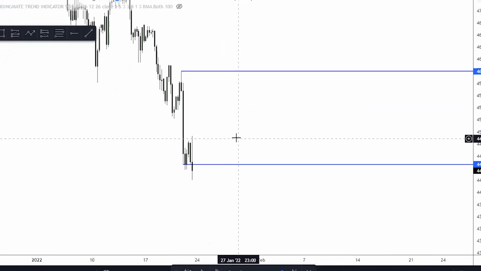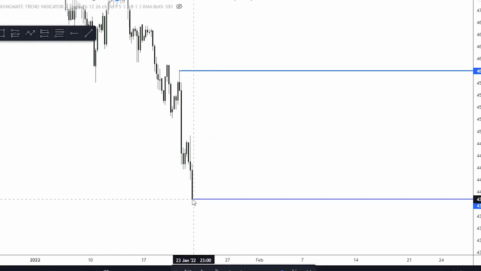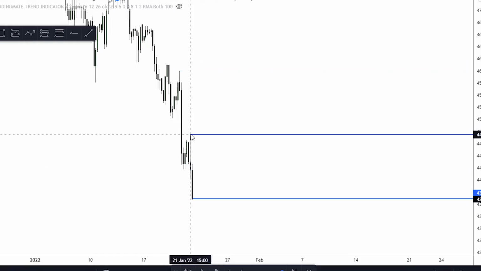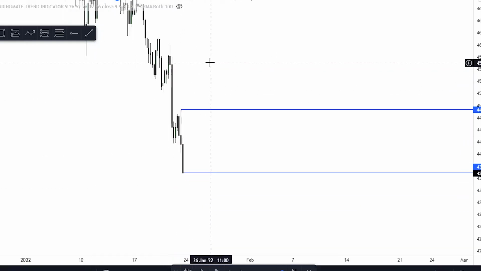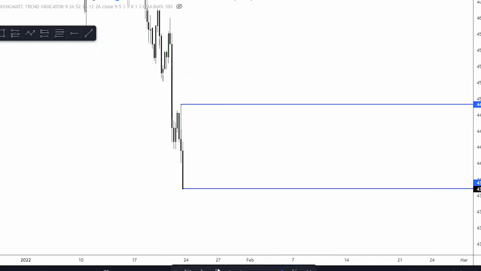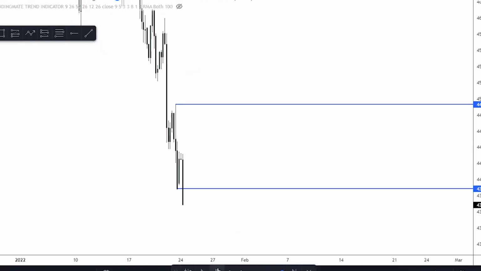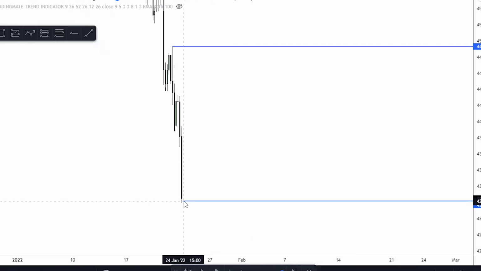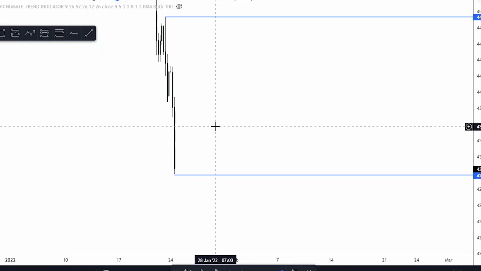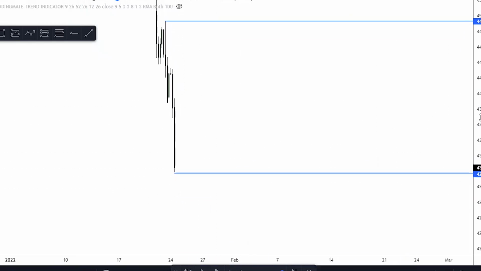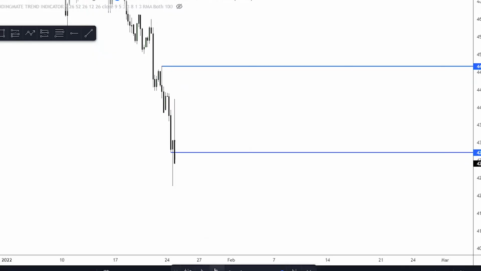Break to the downside. The wick needs one more. Okay, so let's see. Let's come back to the 50% area. No. Okay. No. Oh.